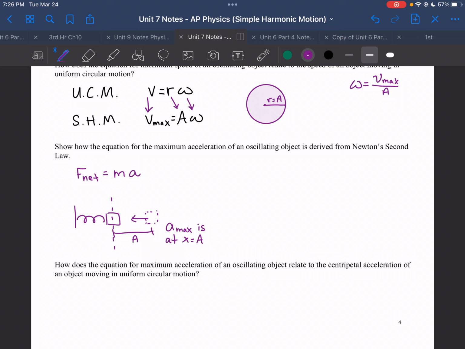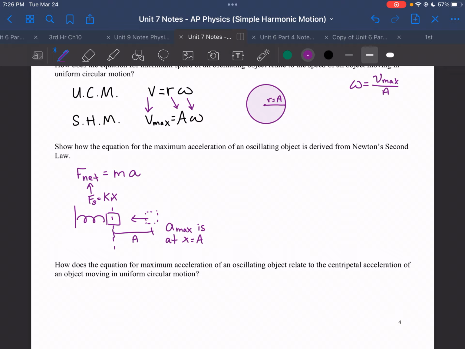All right. Net force wise, the net force acting on this object is the elastic force. And we know from Hooke's law that the elastic force is equal to the spring constant times the displacement, F equals kx. We don't have to include direction here because we are including the direction and looking at the net force. That part is not mattering, so we can just look at the magnitude of it.